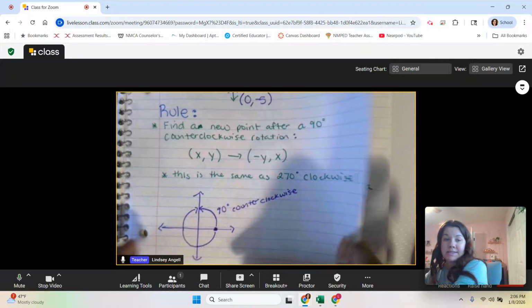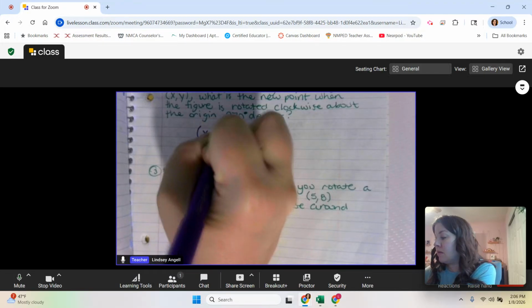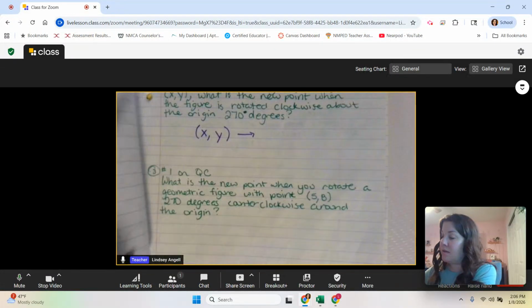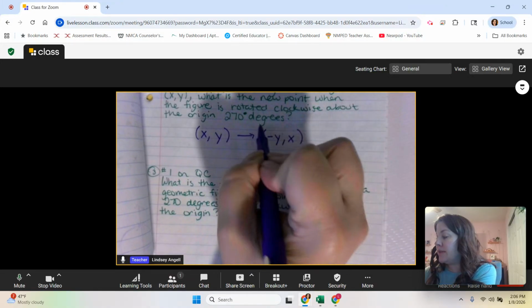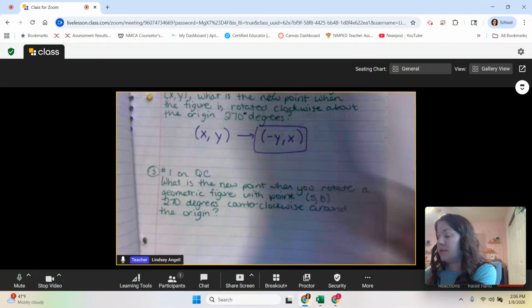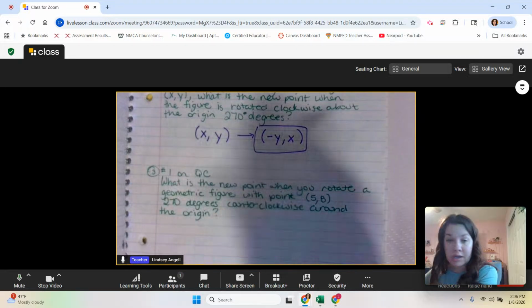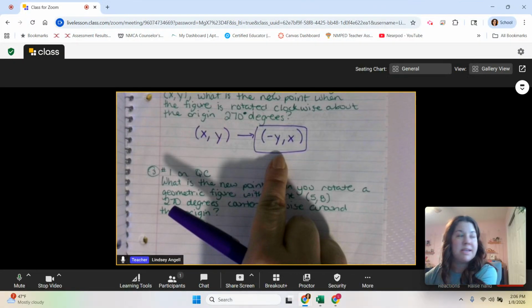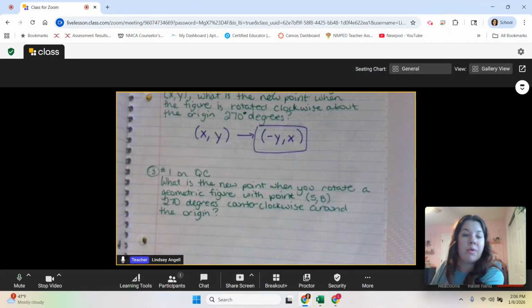So, in this case, our x and our y become negative y, x. So this would be our final answer in this particular case, and then we could apply that same information with actual numbers. But for the purpose of this problem, this is the information that you need.